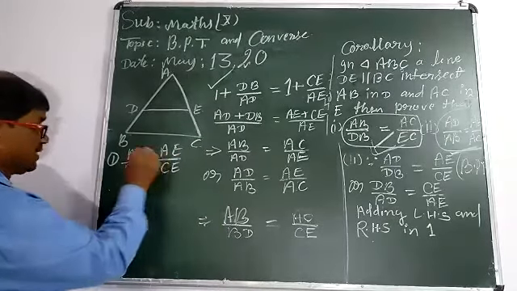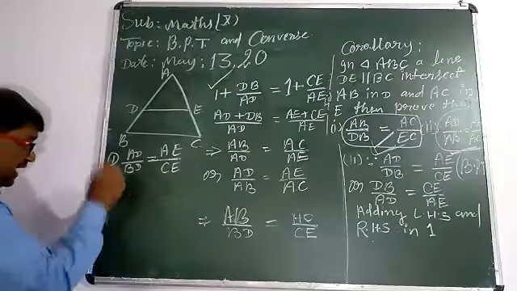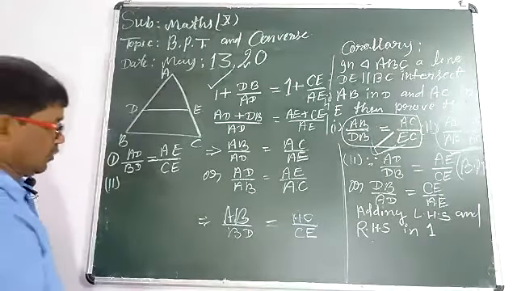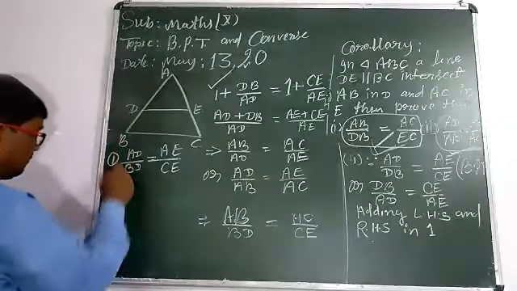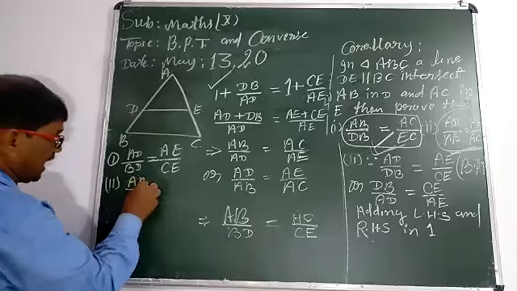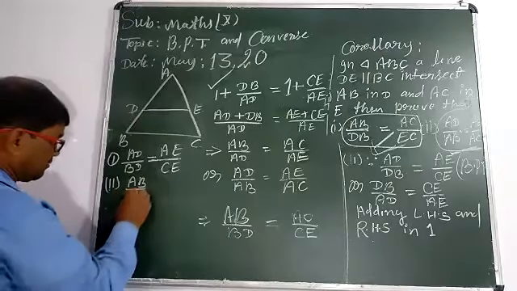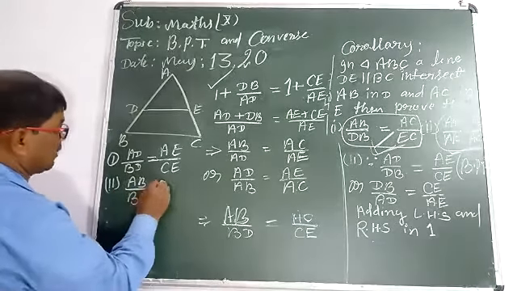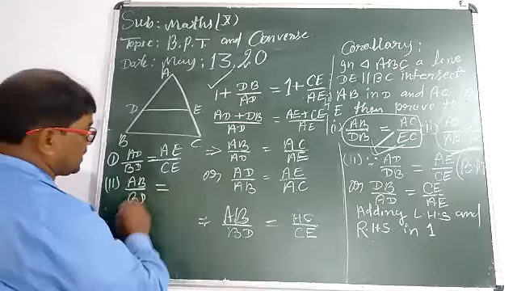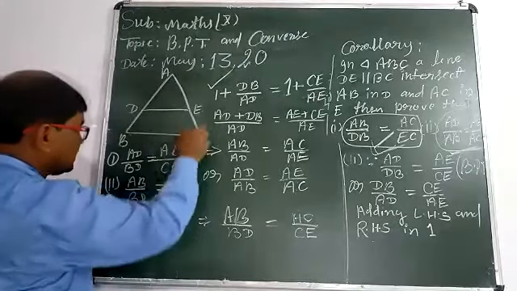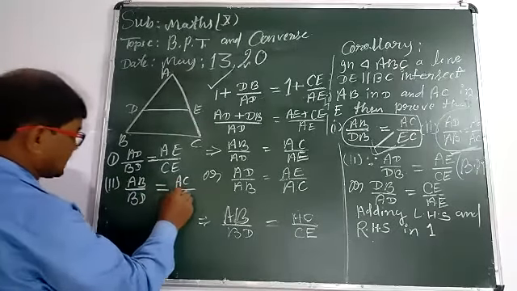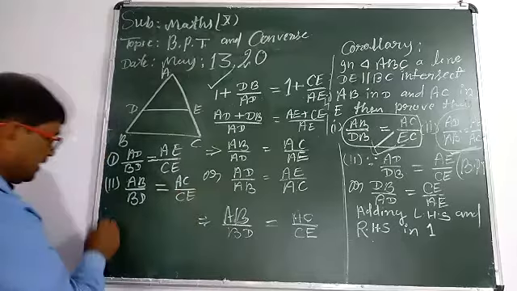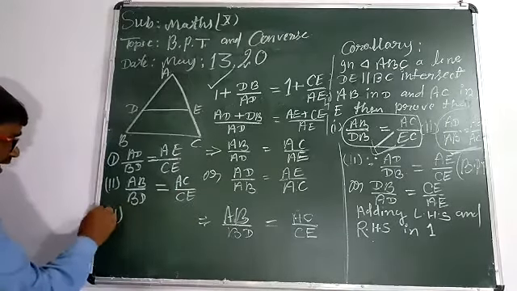And by the help of this BPT, the second is a corollary. The corollary is what? AB upon BD equal to AC upon CE.